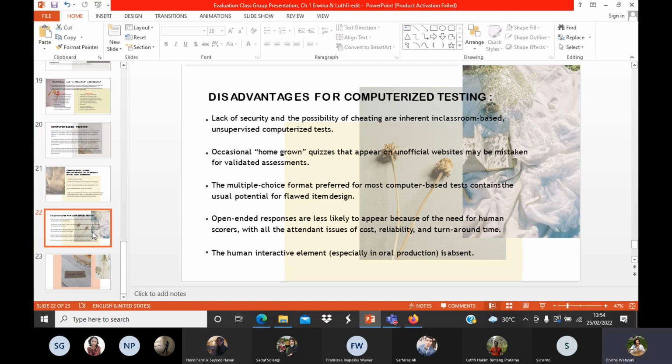And also the multiple choice format has some minus points, some flaws in the design. And open-ended responses are not possible to be given because it's all about the exact score, like A to A, B to B, something like that.